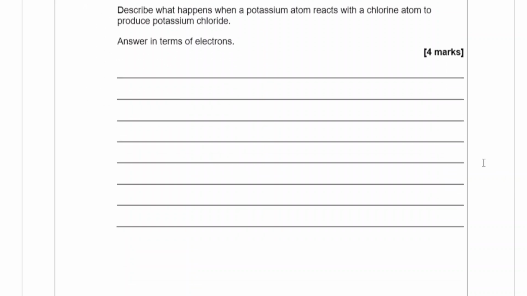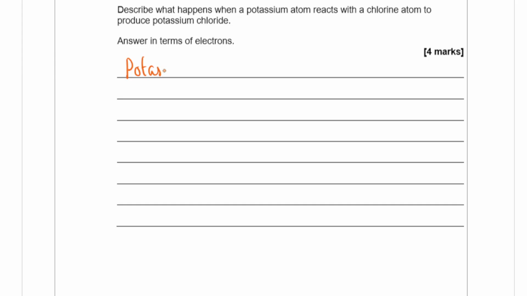So, potassium loses 1 electron, while chlorine gains 1 electron. And that would actually be 2 marks, that sentence.